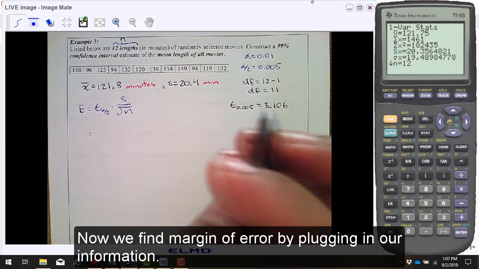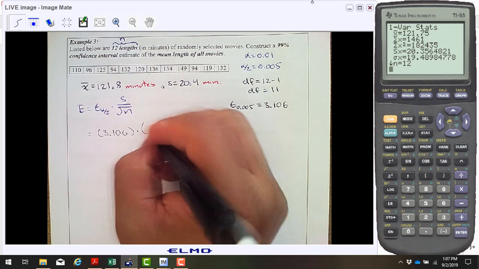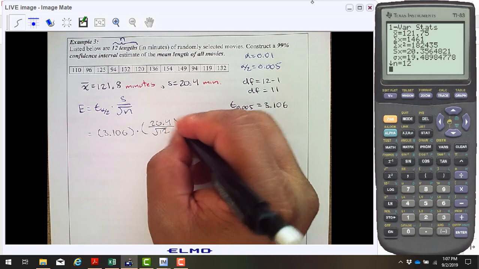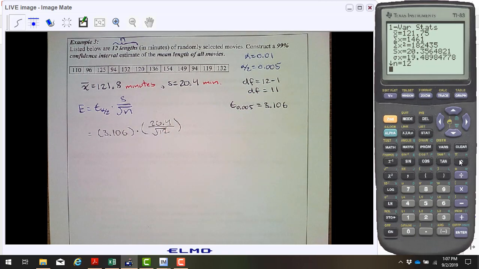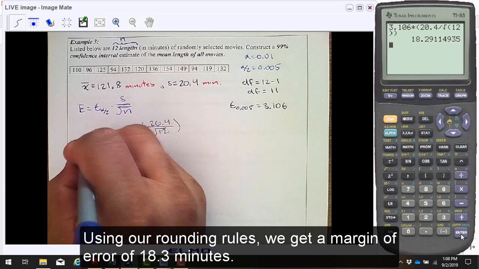Now we find margin of error by plugging in our information. Using our rounding rules, we get a margin of error of 18.3 minutes.